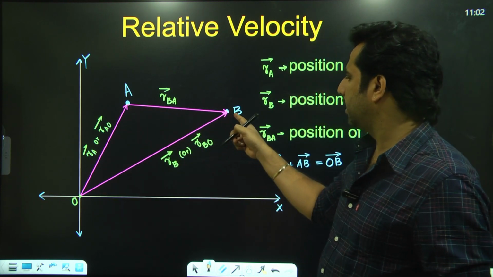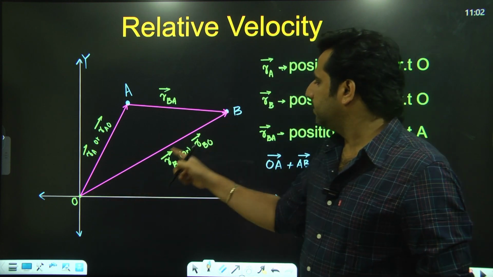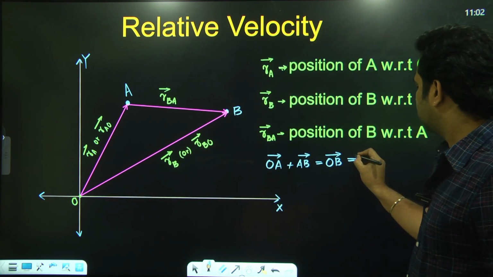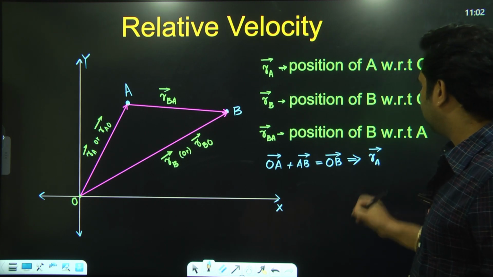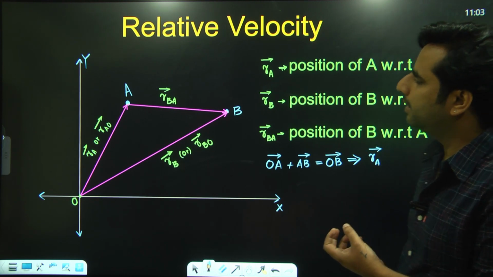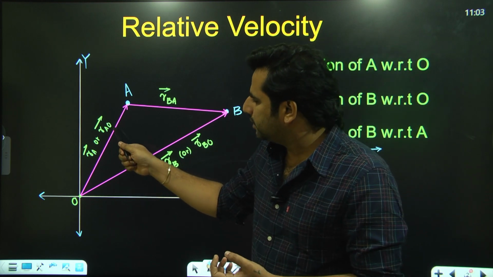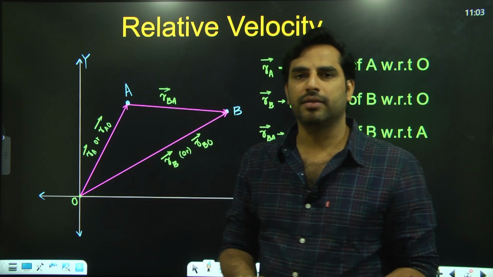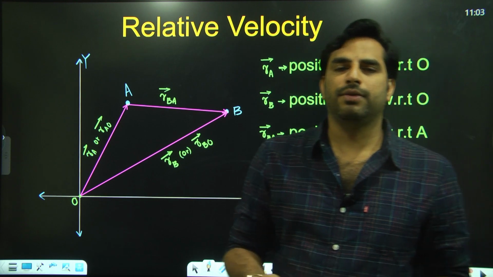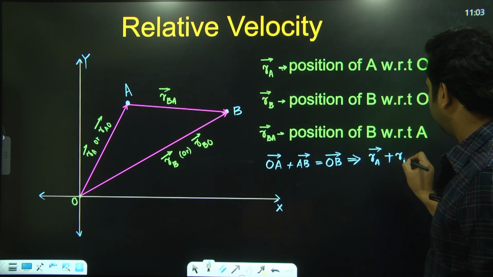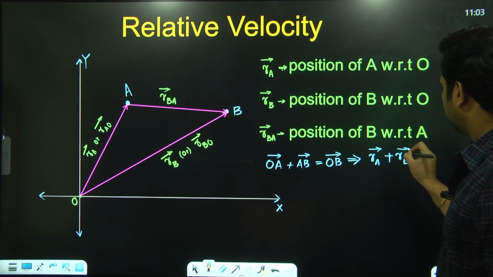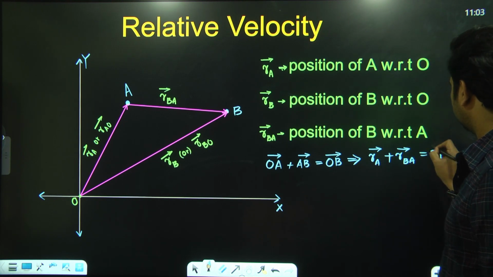OA bar plus AB bar is equal to the resultant, which is OB bar, which is nothing but OA bar is RA. Because we are talking with respect to origin, I need not mention origin specifically. If I simply say RA bar, it is position of A with respect to origin, plus RBA bar, that is equal to RB bar.